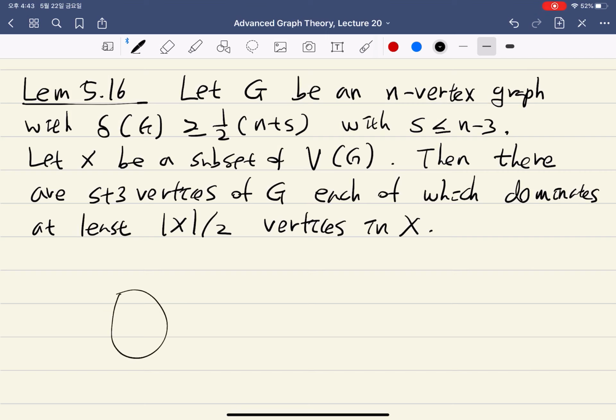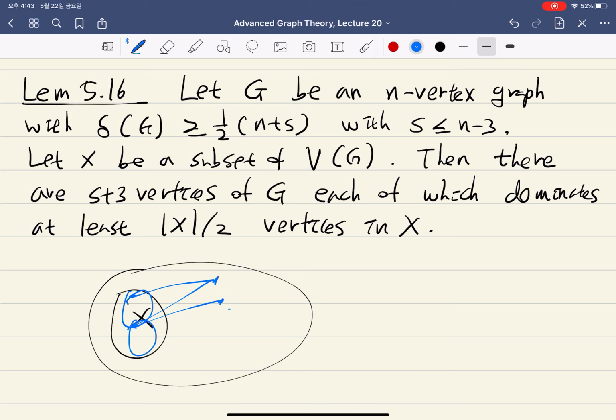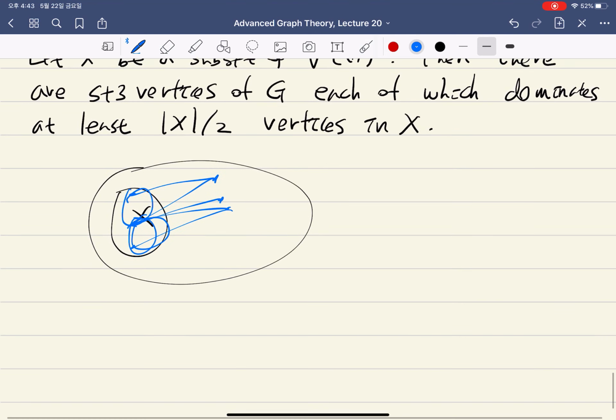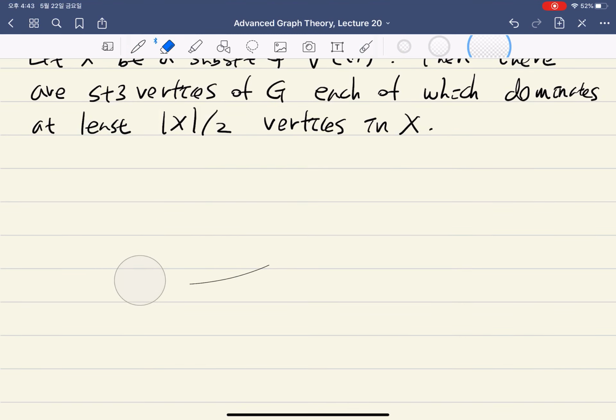For a given set X, we can find several vertices which send edges to at least half there. So this will be useful for us.